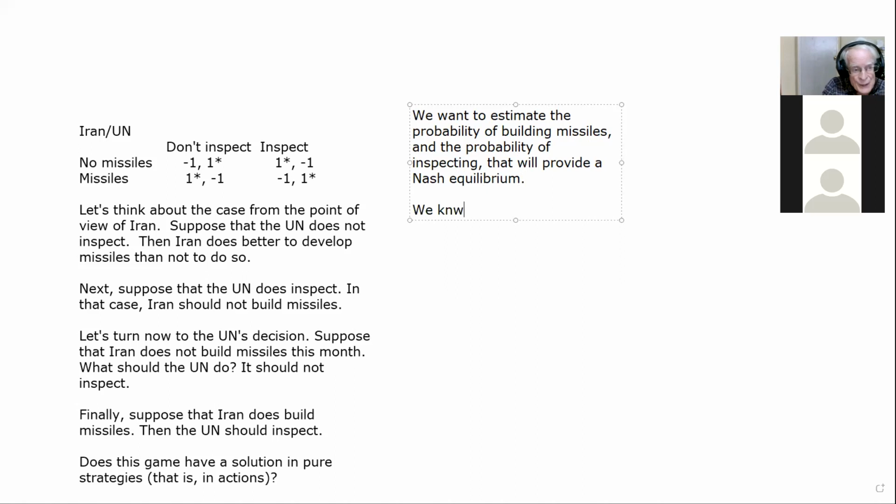We know that for each player, the expected value of both actions is the same.